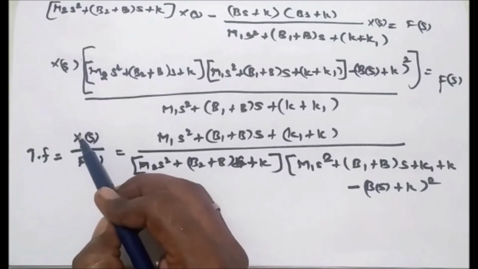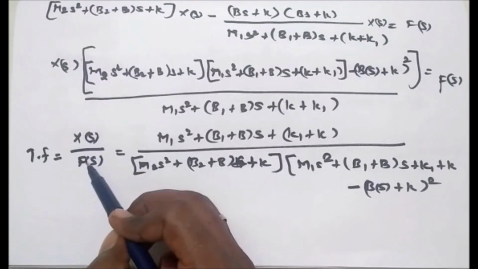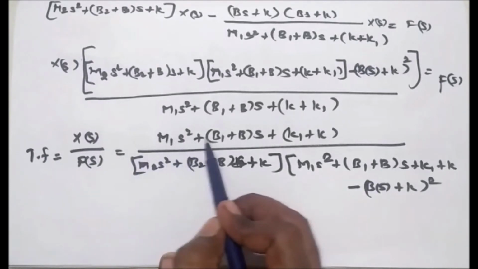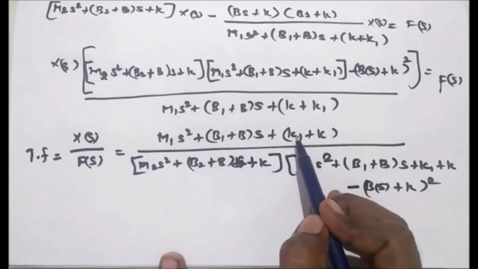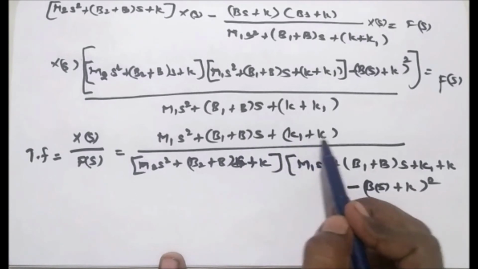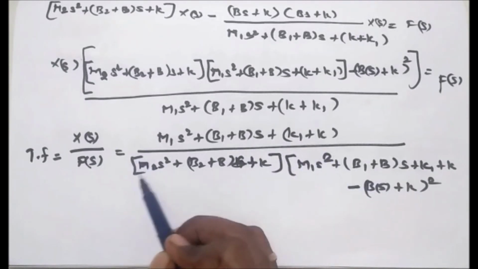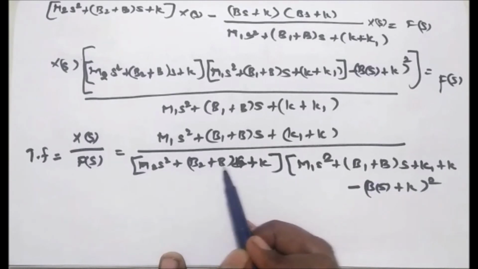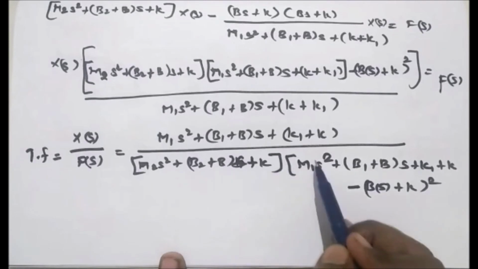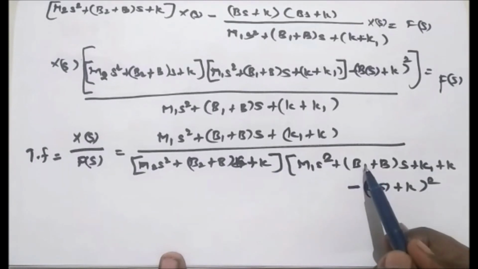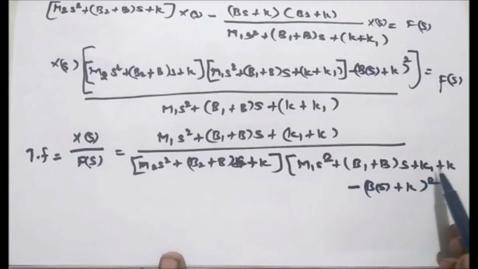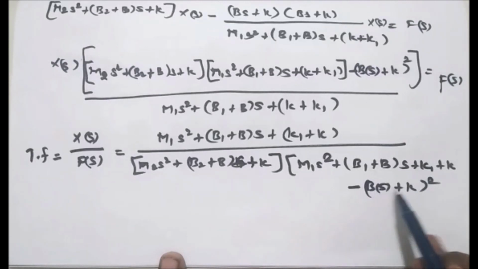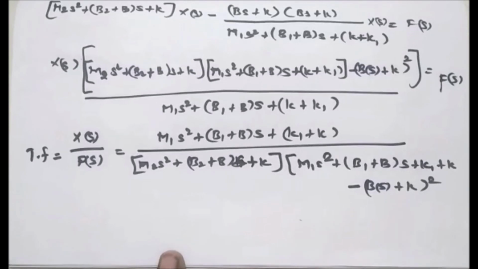Therefore the transfer function equals m1 s square plus b1 plus b into s plus k1 plus k, divided by m2 s square plus b2 plus b into s plus k, into m1 s square plus b1 plus b into s plus k1 plus k, minus b s plus k the whole square.